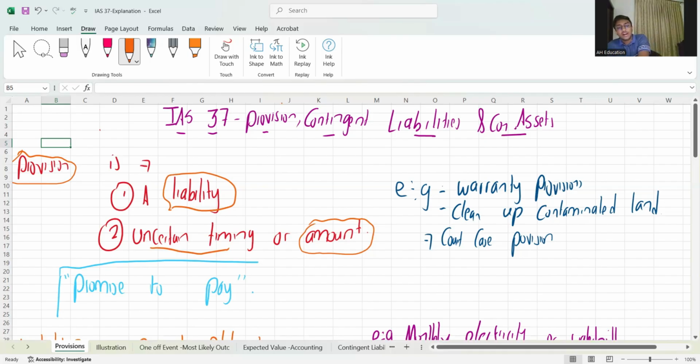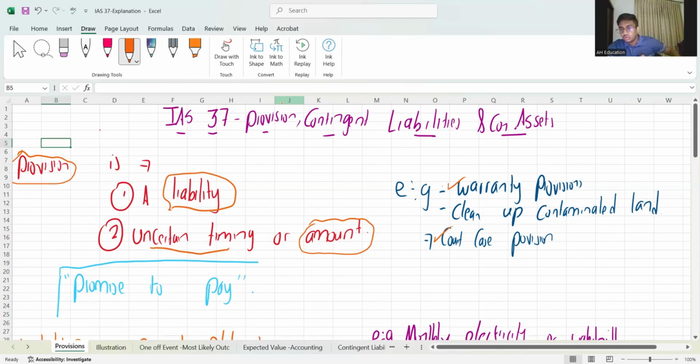Let us take two common examples from our worldly business. One is a warranty, one is a court case. Say I'm producing this plastic bottle and selling it to my customers.